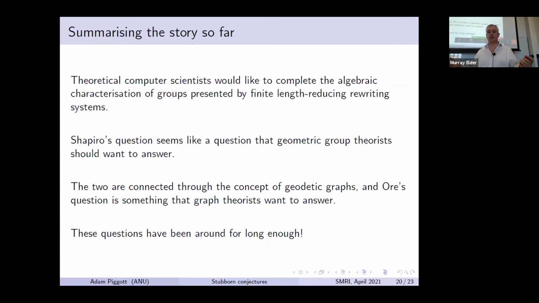That seems like a question that geometric group theorists should want to answer. And the two of these are connected through the concept of geodetic graphs, and that links it to Oystein Ore's question, and that's something graph theorists want to answer. And these questions have been around for a long time. Ore's question since the 60s, Shapiro's question since 97, and this program of characterizing groups presented by finite length reducing rewriting systems since the 80s. So that's what makes them stubborn.